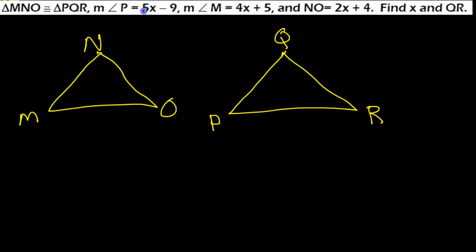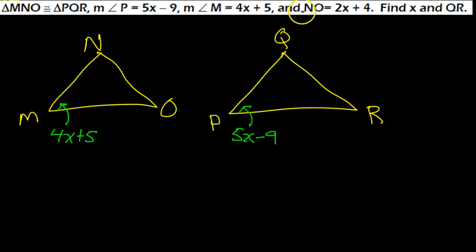What else you got? The measure of angle P is 5x minus 9. Okay, so this angle right here is 5x minus 9. The measure of angle M is 4x plus 5. Okay, so this is supposed to be 4x plus 5.